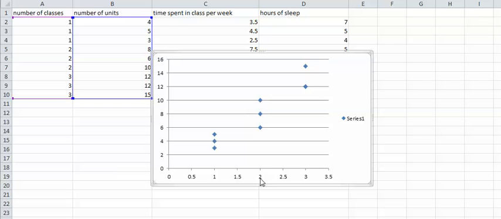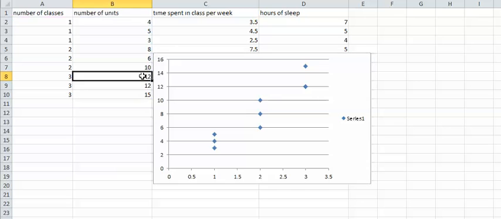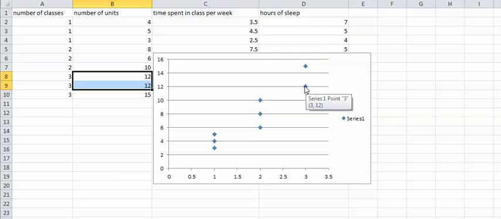Here we have the people who are taking 2 classes. One person has 6 units, one person has 8 units, and one person has 10 units over here. Finally, we have the 3 people who are taking 3 classes. But see how these 2 people both have 12 units? They're actually stacked above each other right here.